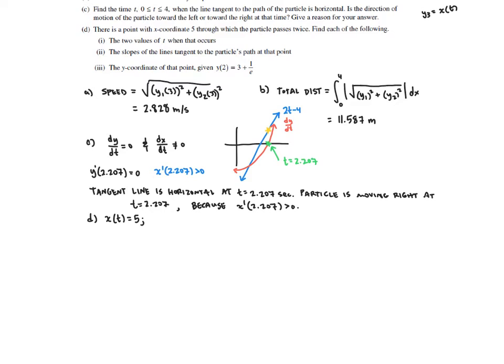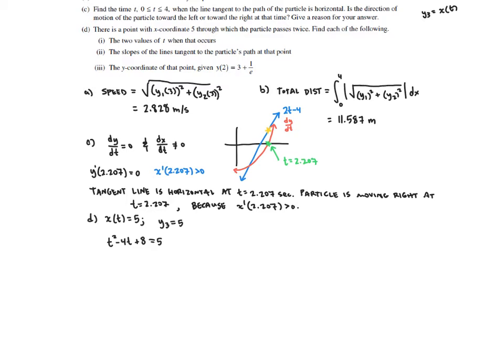What I could do is a couple things. Since I've stored x of t as y3, I could just look at my graph and find out where y3 equals 5. Or I could algebraically work with this and say, well, t squared minus 4t plus 8 equals 5, and use my ability to factor, or maybe use the quadratic formula depending on what I need to do.